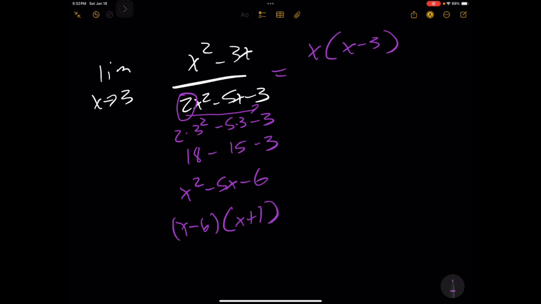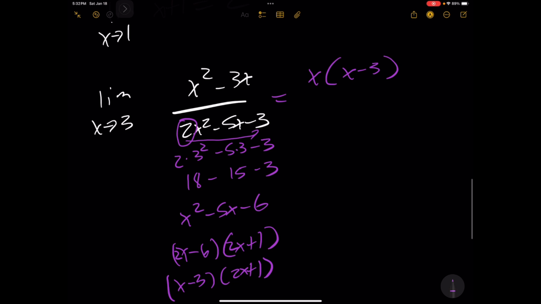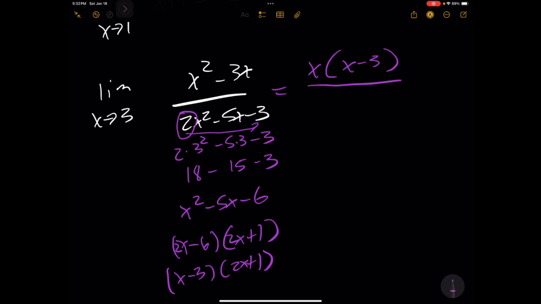And you can multiply that back out to make sure that you did it right. And then we have this 2 up here that we have to not forget about, so I'll bring the 2 back. On the left side, I'm going to simplify, and that gives me x minus 3, 2x plus 1. So that's the bottom factored. On the top, I have x times x minus 3.